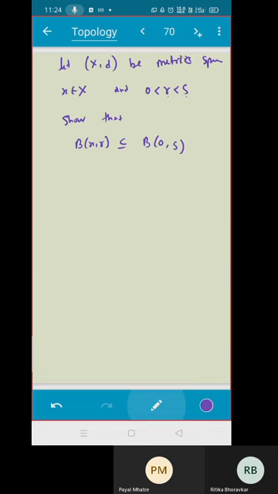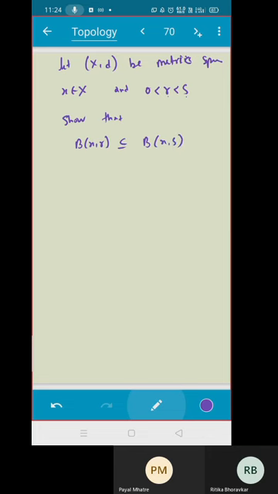Can you show this? Try to draw this thing. If you understand, try to draw it first. Sir, B(x,r) and B(x,s), open ball. Yeah, actually, this should be x. x will be the center. So this is B(x,s).